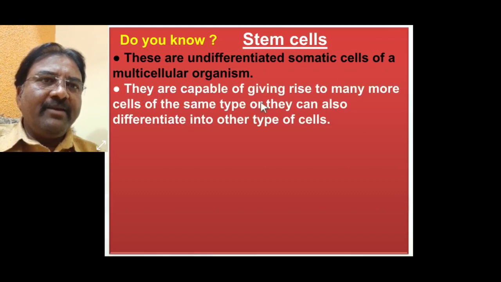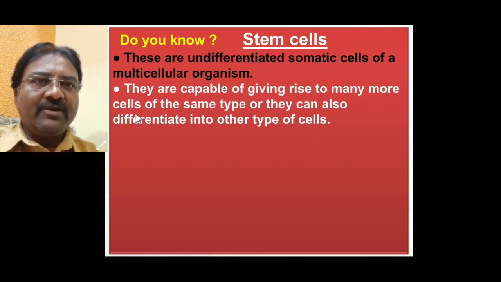They are capable of giving rise to many more cells of the same type, or they can also differentiate into other types of cells. Each stem cell has the capacity to give rise to many more cells of the same type or of a different type.